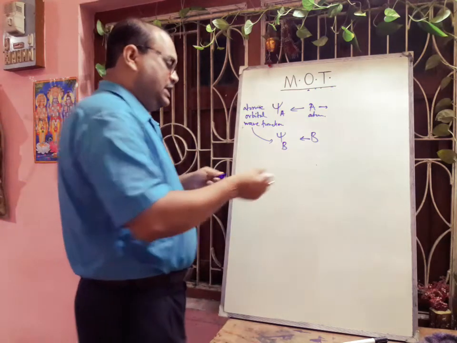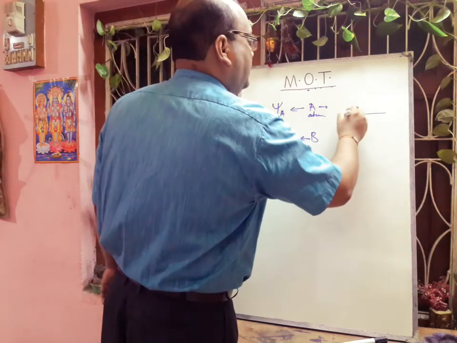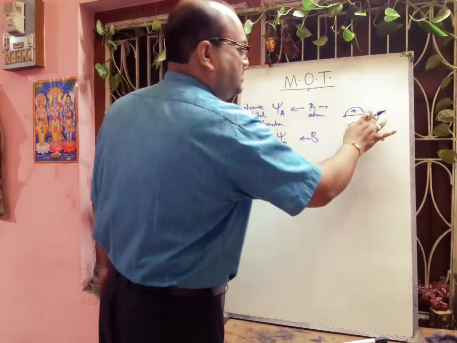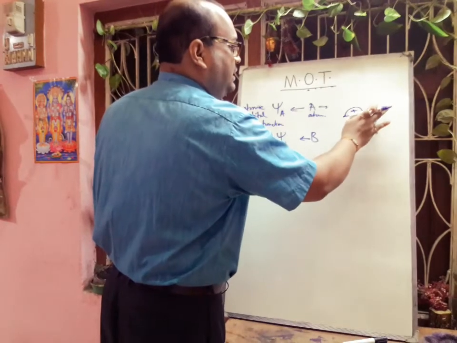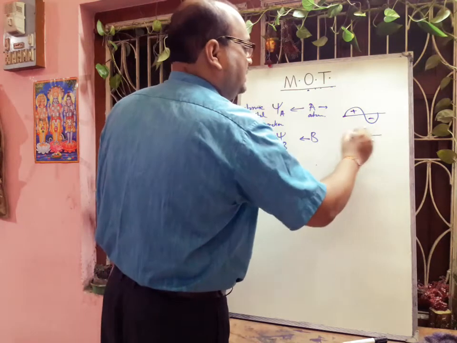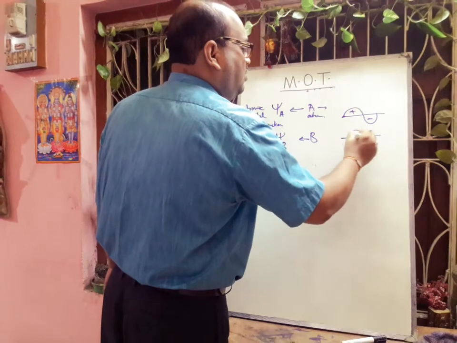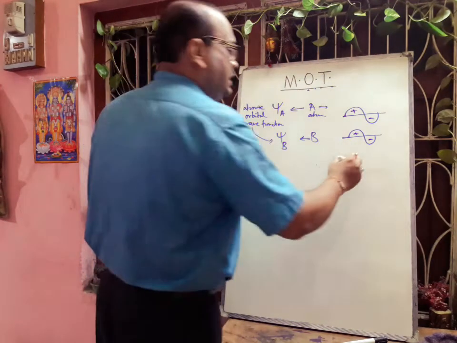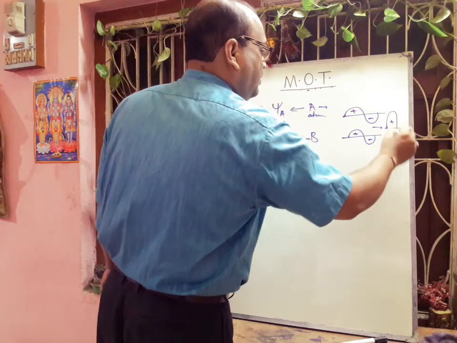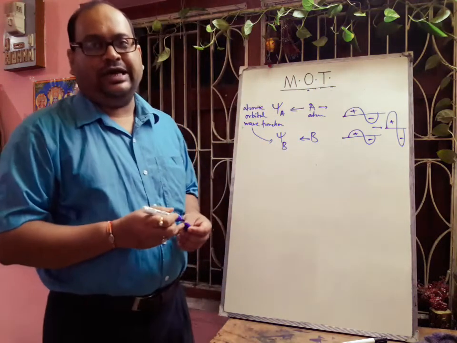I have already discussed that suppose this is a wave and here positive and negative signs are indicating the phase, or symmetry. It is not the charge. If these two are in the same phase, when they combine, definitely the resultant amplitude will increase in this way. So this is additive.